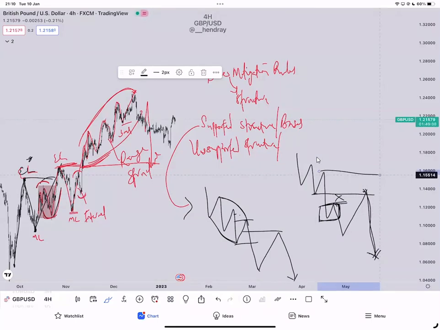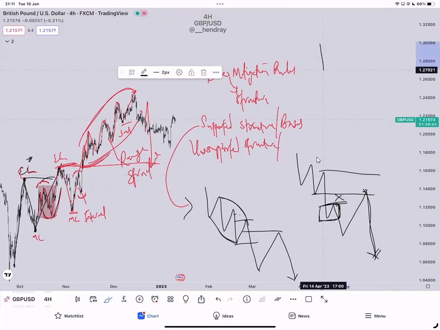The next rule says, given two or more unsupported bases, price takes out the first one as liquidity and uses the second one as continuation of order flow, provided that price still wants to continue order flow. Okay, these are rules. So provided that price still wants to continue in the direction, either in the bearish trend or in the bullish trend.